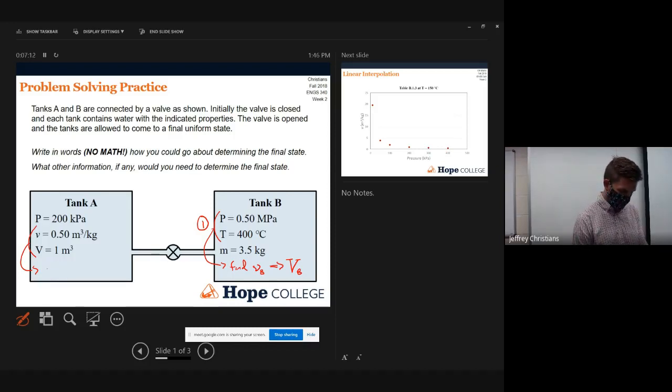So find mass of A, because mass equals volume divided by specific volume.